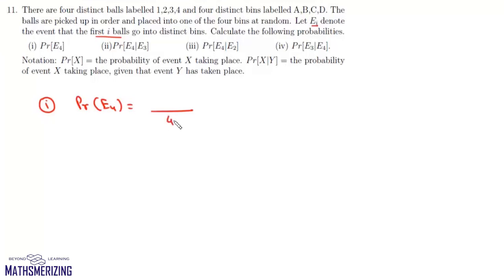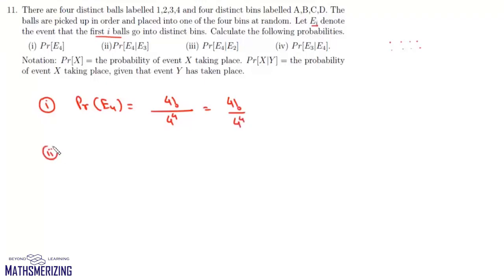So it will be simply 4 to the power 4. And now if all the 4 balls go into different bins, then we just have to arrange these 4 balls in 4 places, and it can be done in simply factorial 4 ways. So this probability will be simply factorial 4 upon 4 to the power 4.